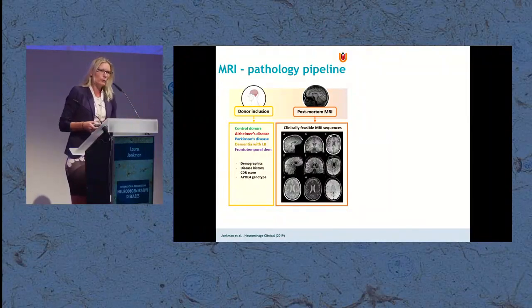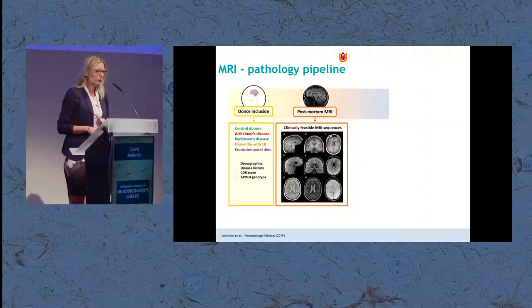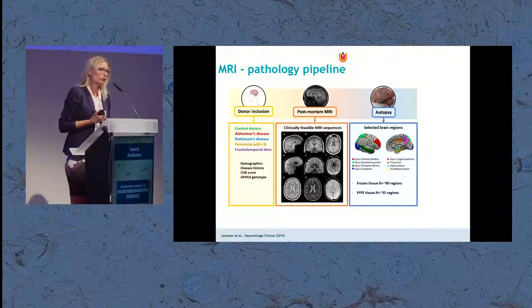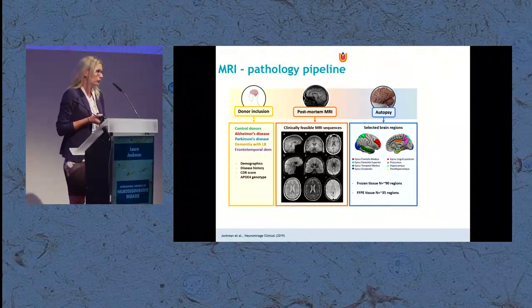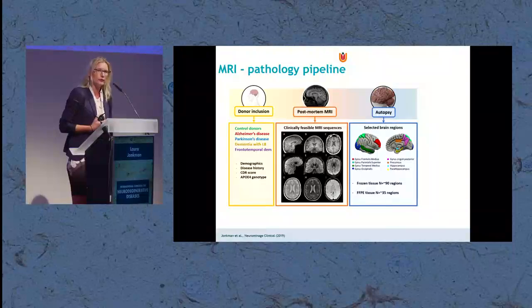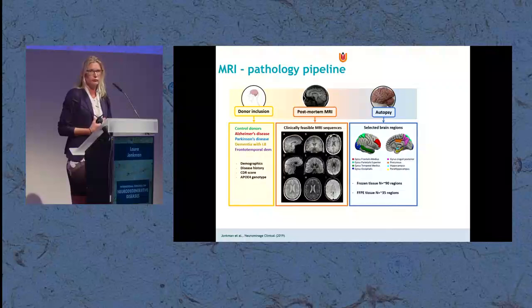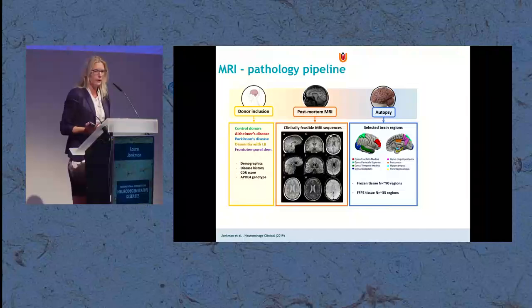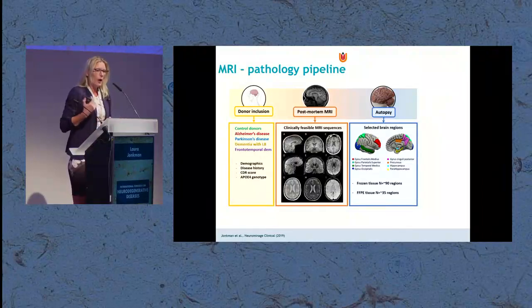After the in situ MRI, the body is transported back to the mortuary, where the craniotomy takes place, and there the neuropathologist is ready to perform the craniotomy and the dissection protocol. We dissect for frozen tissue, mostly for all sorts of molecular and biochemical analysis, and we dissect for formalin-fixed and paraffin-embedded tissue for all sorts of immunohistochemistry-related things.